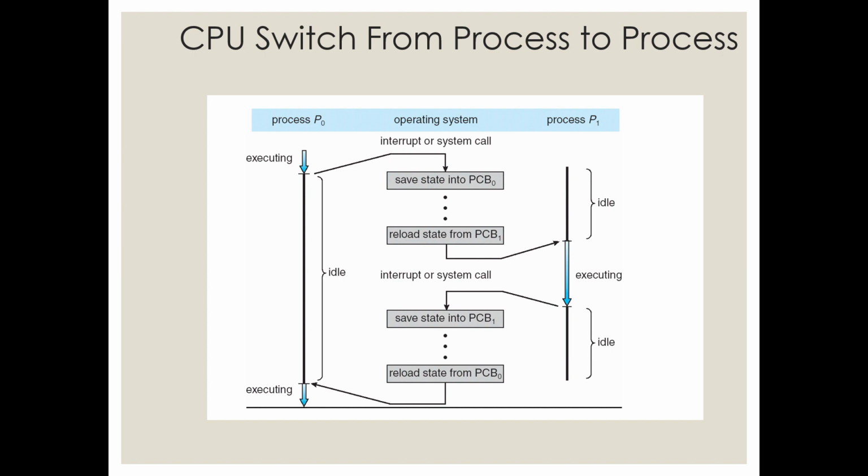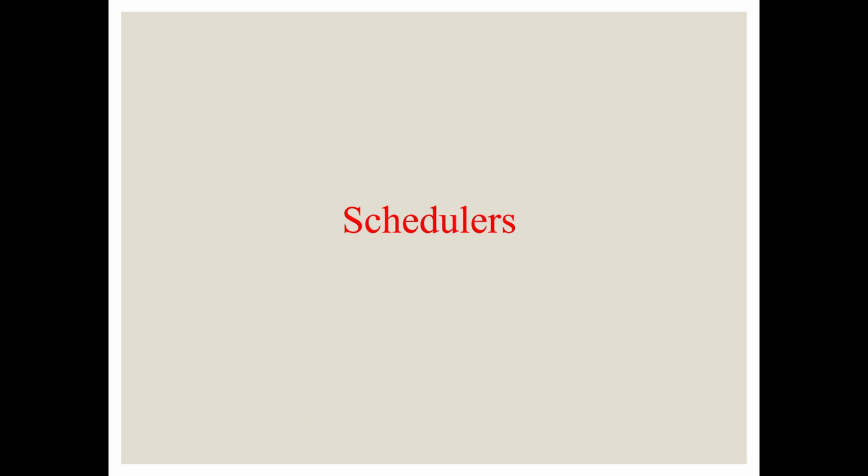If process P1 is idle, it will again enter the save state in PCB1. After it enters PCB1, it reloads PCB0 and executes while idle. Later, process P0 to P1 also executes from one part to another. It takes some time to handle the interrupt or system call.